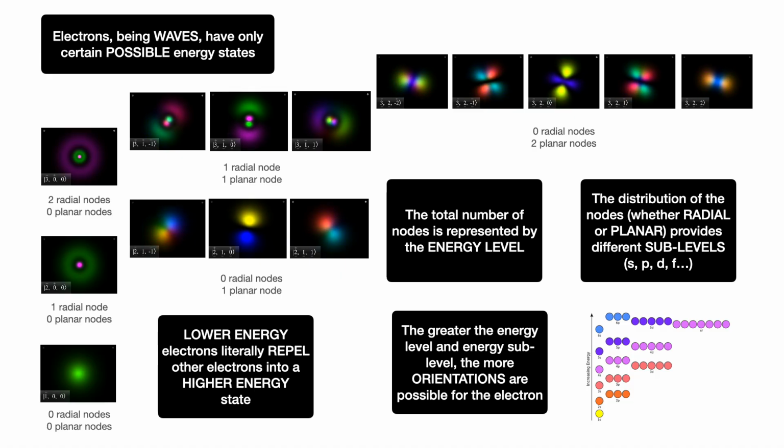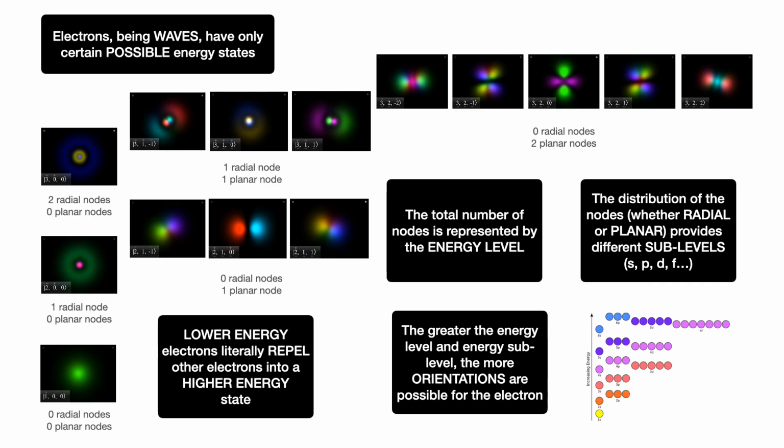The energy level really is telling us the total number of nodes. The total number of nodes is equal to the energy level minus 1. So 1s has no total nodes. It is the lowest energy state, and it's essentially oscillating, vibrating into and out of the nucleus surrounding it.